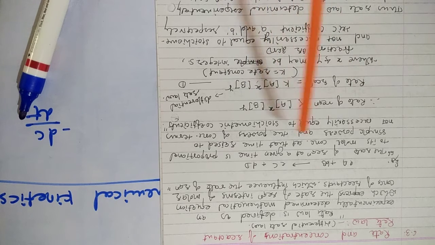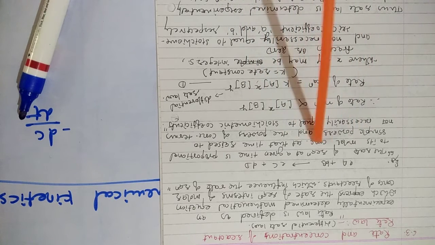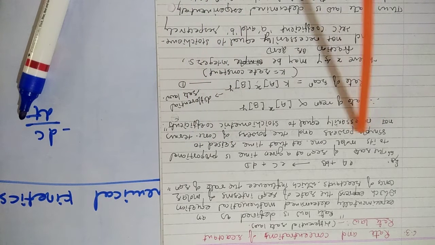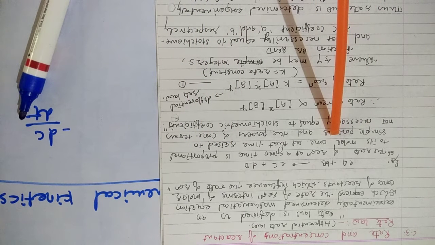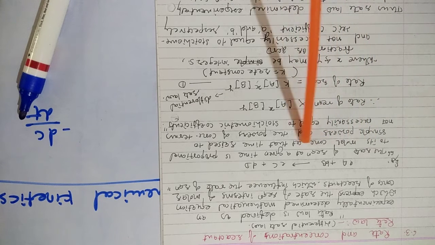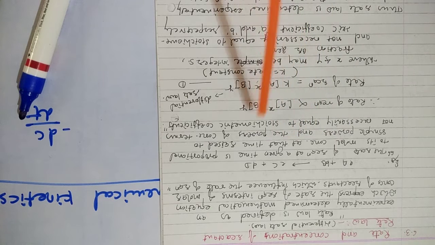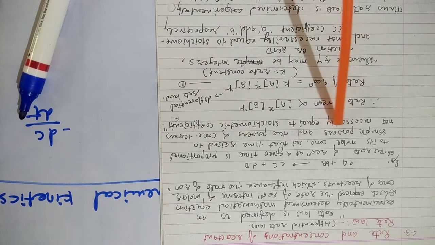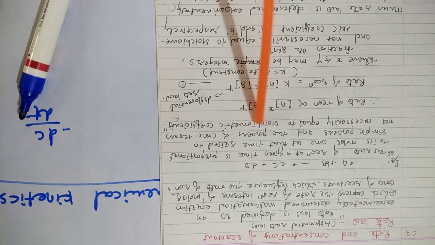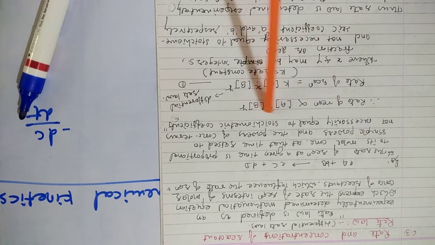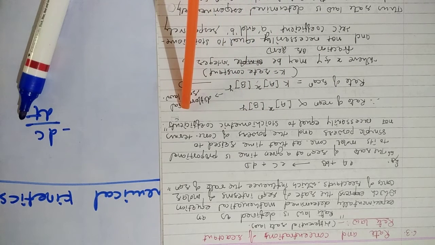I will read the statement again. The rate of a chemical reaction at a given time is proportional to its molar concentration at that time raised to simple powers, and the powers of the concentration terms are not necessarily equal to the stoichiometric coefficients.